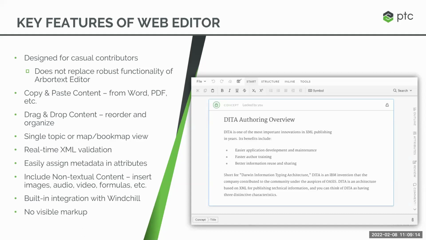You can insert graphics into your content, either uploading them or inserting graphics that are already in Windchill. And as we mentioned, it is designed to work with content that's stored in Windchill. There's a built-in integration with Windchill. And you can hopefully see in the screenshot there is no markup that's visible in the editing screen.